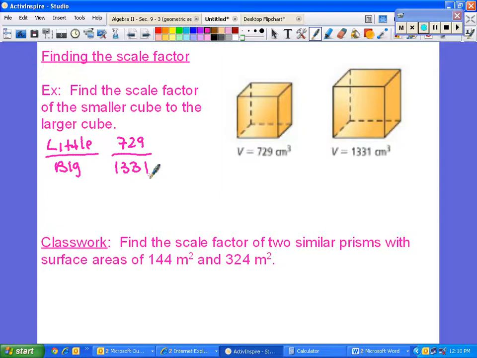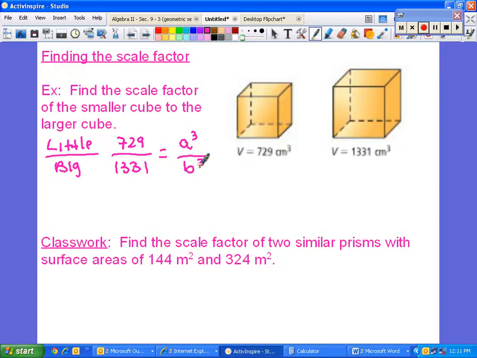We know that since it's volume, we take the ratio of the sides and we cube them. Now, since this is the number cubed, how do we find the underlying value? Not divide by 3, not multiply.